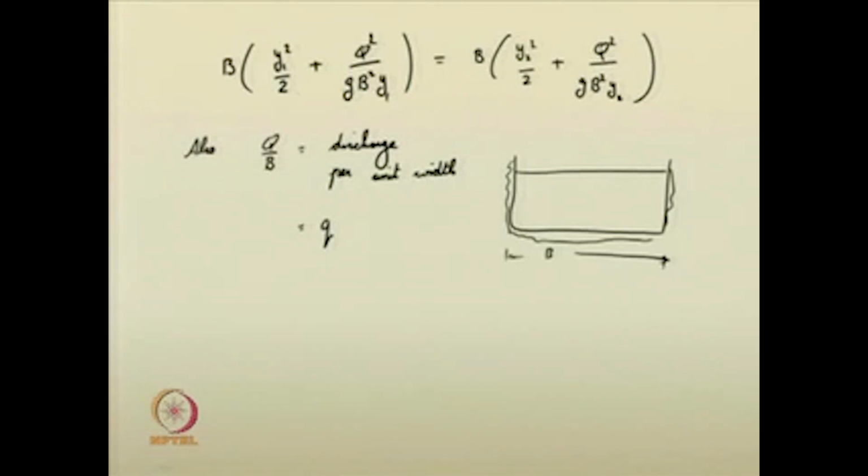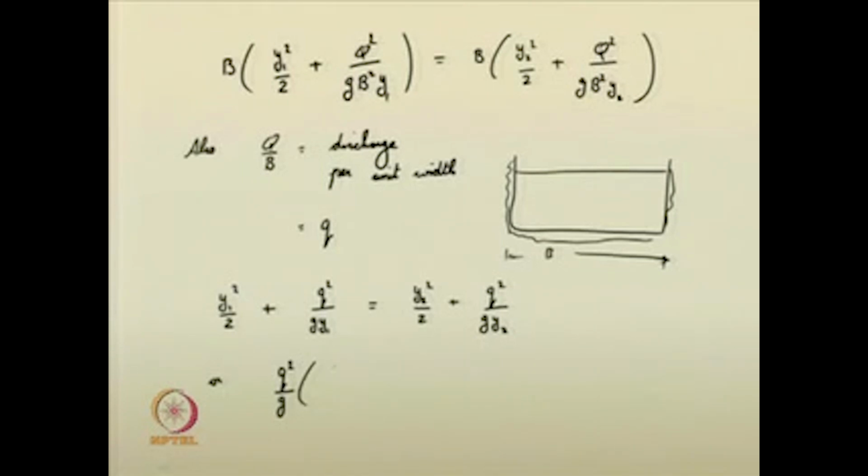This entire equation will now become y 1 squared by 2 plus q squared by g y 1 is equal to y 2 squared by 2 plus q squared by g y 2.